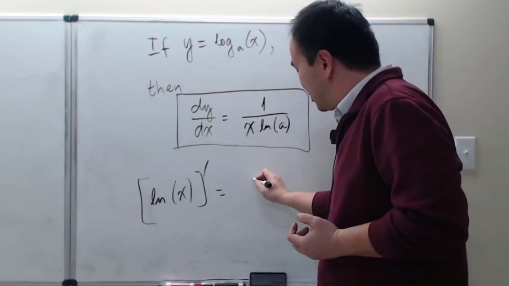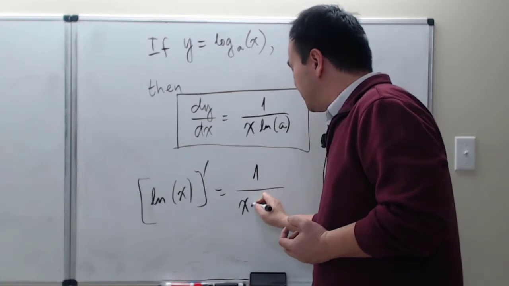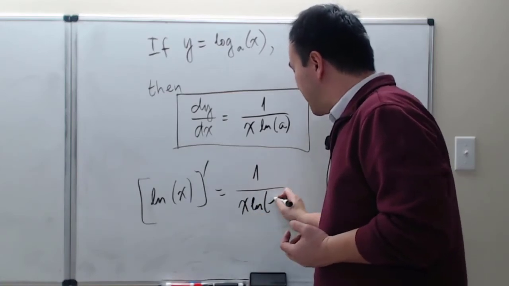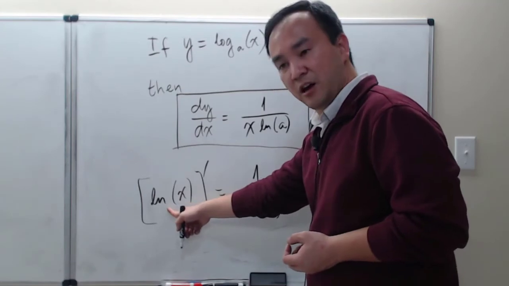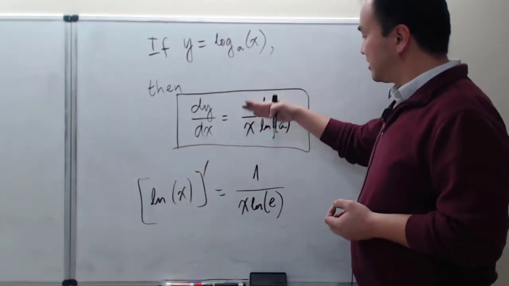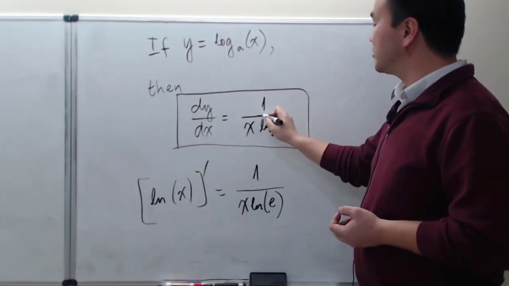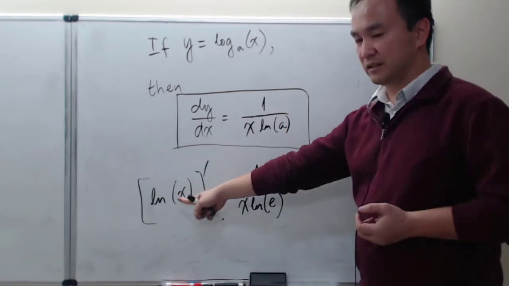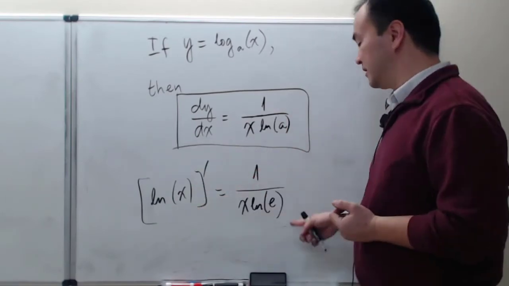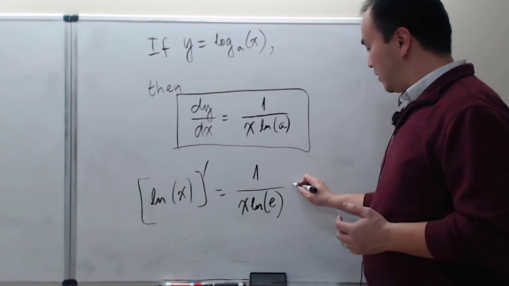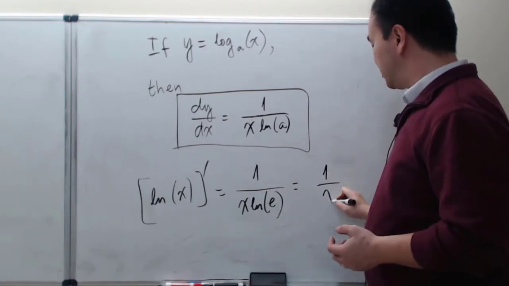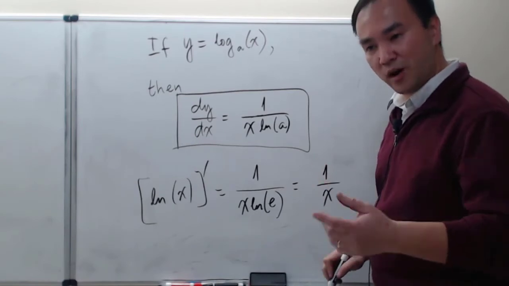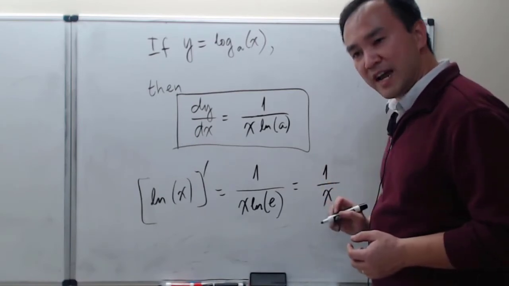Then it's 1 over x times natural log of, I'm going to bring base e in here, because natural log is log base e. So if we apply this general rule for all logarithms to this special natural log of x, it's going to work as well. And what's natural log of e? It's 1. That's why the final answer is 1 over x. It was 1 over x, and now it is, again, 1 over x.